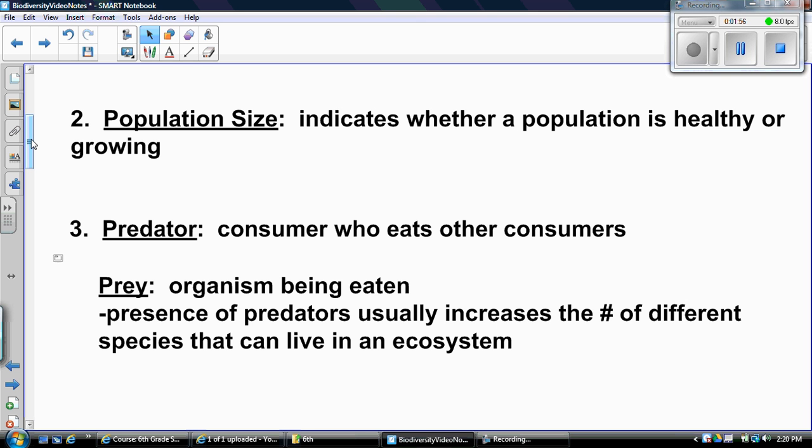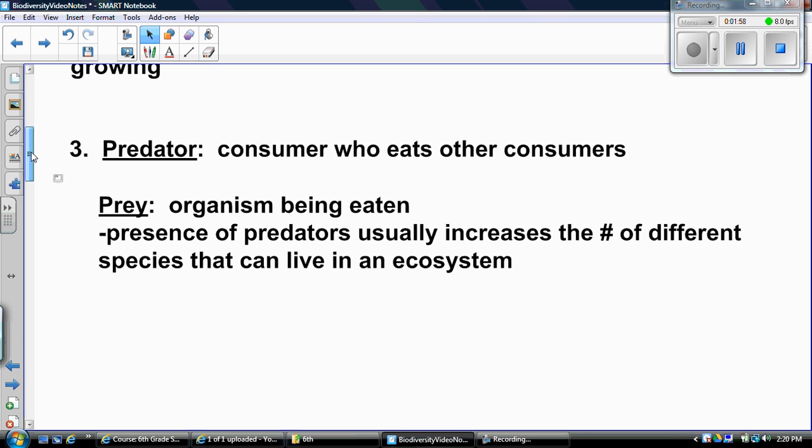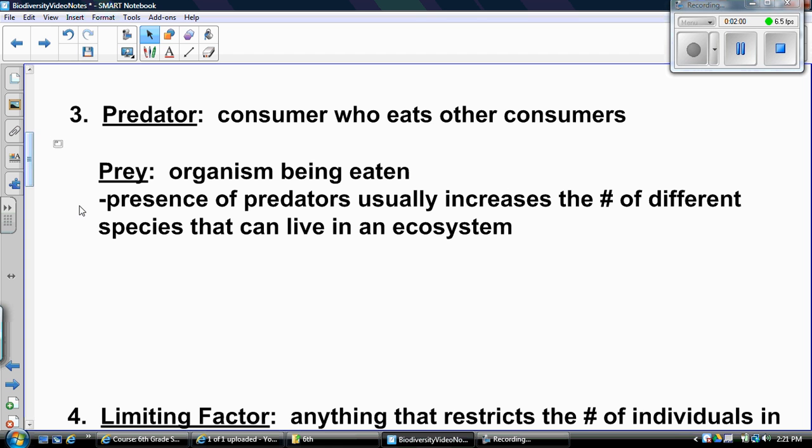Now, something that can affect population size besides competition is the relationship between predators and prey. So remember, a predator is the consumer who eats other consumers. The prey is the organism being eaten. The presence of predators usually increases the number of different species that can live in an ecosystem.